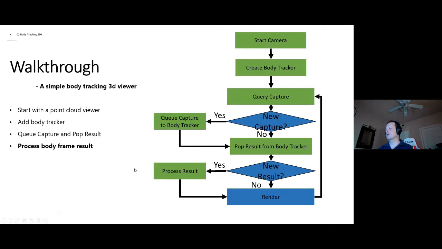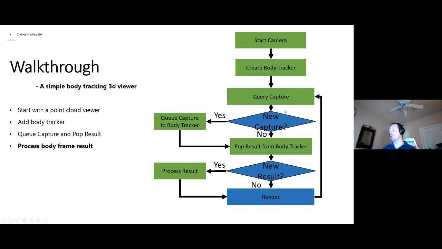So let's look at body tracking as a more advanced example, because we don't have time for all examples that are possible. Again, the process is similar. You start the camera, you create a body tracker object, and you use a queue capture, which is an object you get back from the camera.